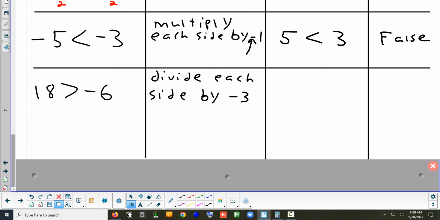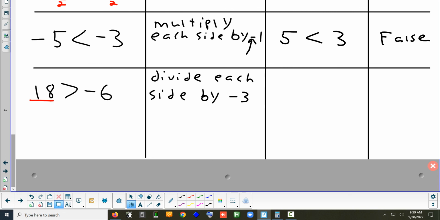Because the 6 has a negative. So a positive number is always bigger than a negative number. Always. So that's true. Okay, so we are starting off with something that's true.